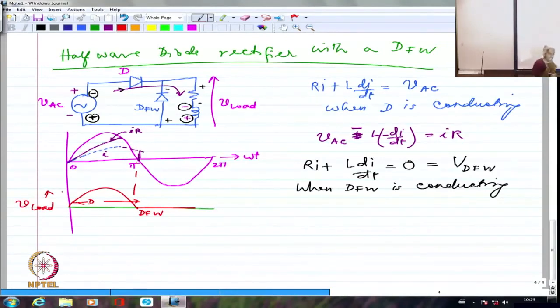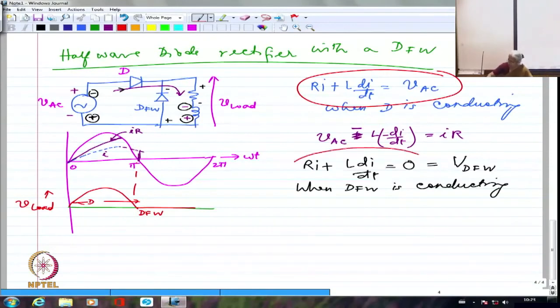Now I have the freewheeling diode voltage coming up as 0. Compare with the previous case where I didn't have a freewheeling diode. When I didn't have the freewheeling diode, always the equation was this. But now with the freewheeling diode, the equation is this. So when I was looking at the case without the freewheeling diode, I had VAC minus Ri equal to L di by dt.